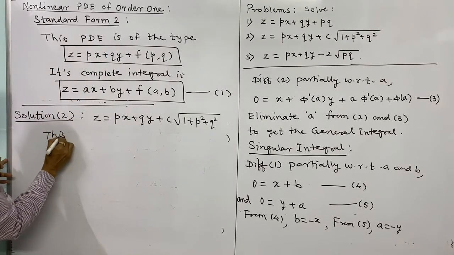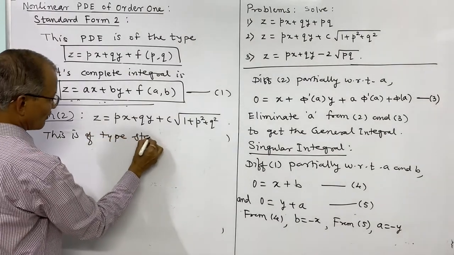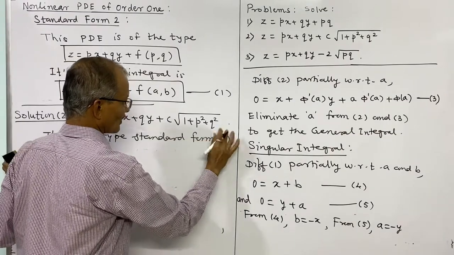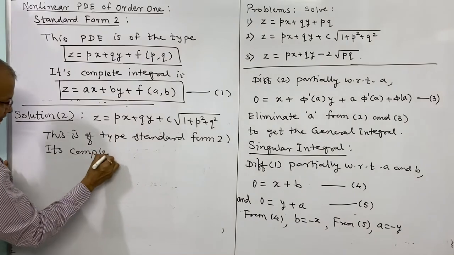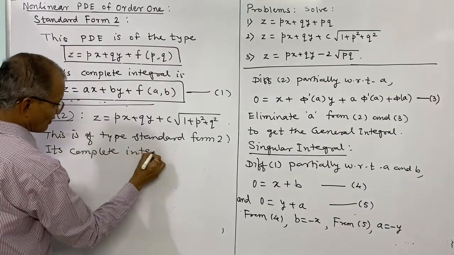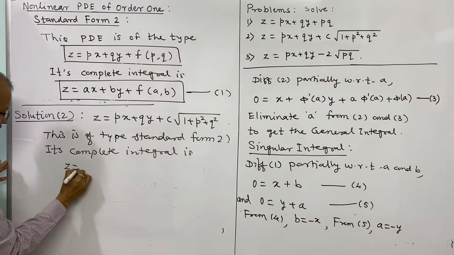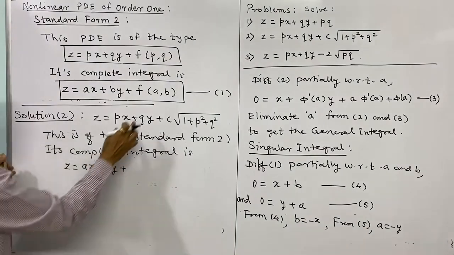So this is of type standard form 2, and its complete integral is, by this, you see, z is equal to a into x plus b into y plus a function of a and b.